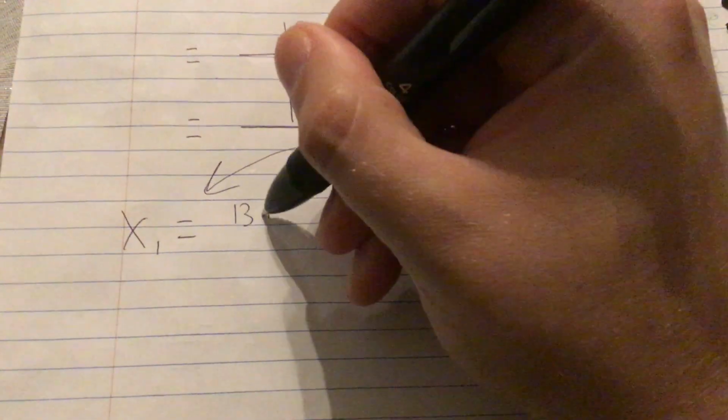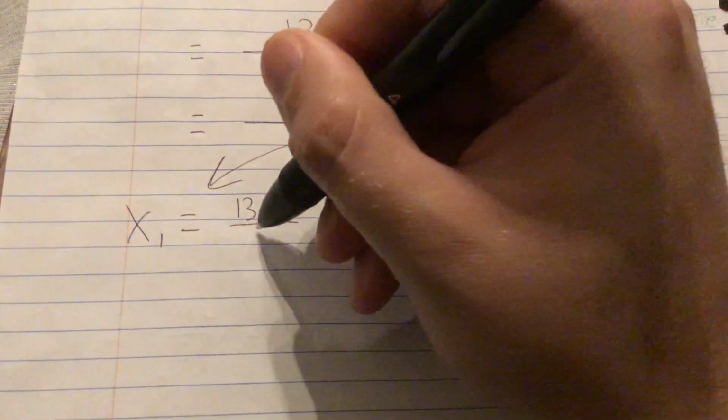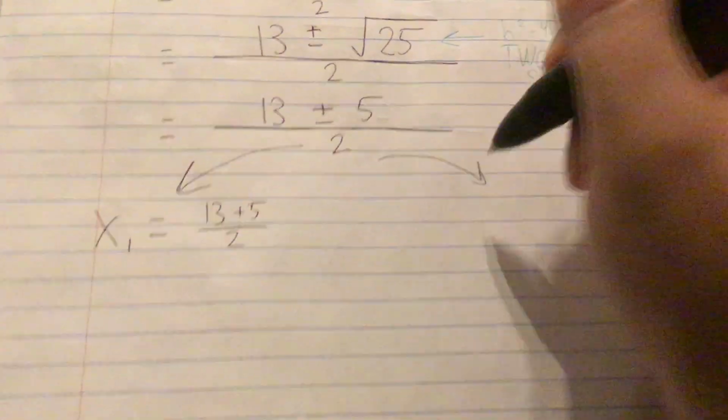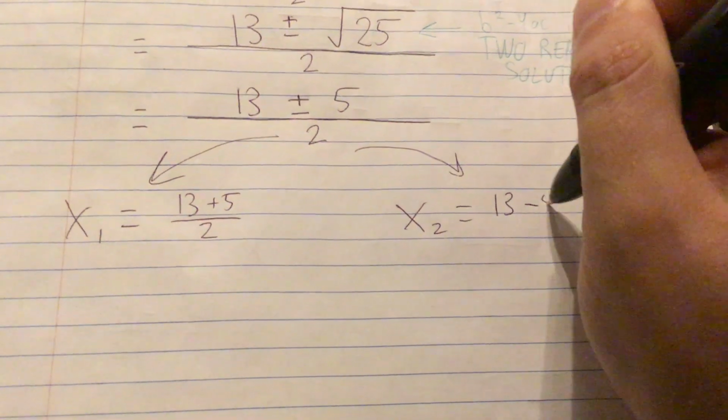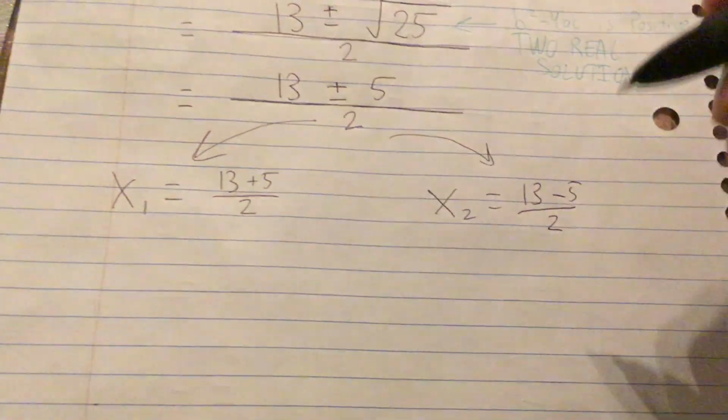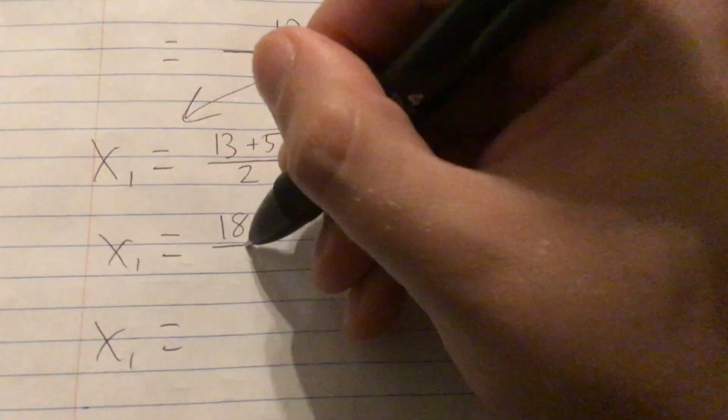Now, here's the magic. x1 is equal to 13 plus 5 over 2, or x2, 13 minus 5 over 2. Let's do the left side first. x1 is 13 plus 5, which is 18 over 2. 18 over 2, that's 18 divided by 2, which is 9.